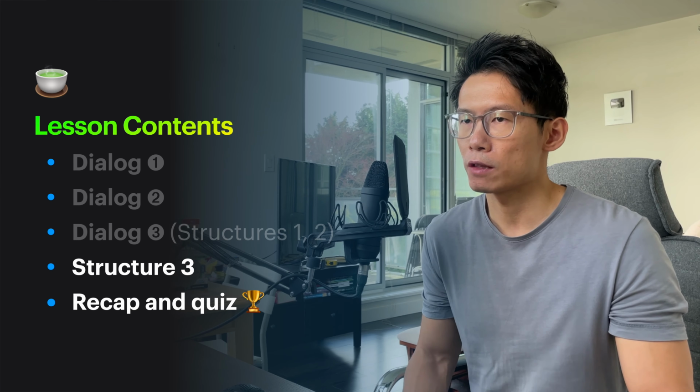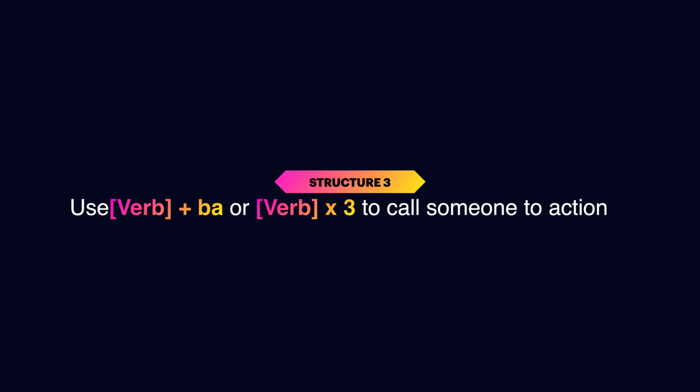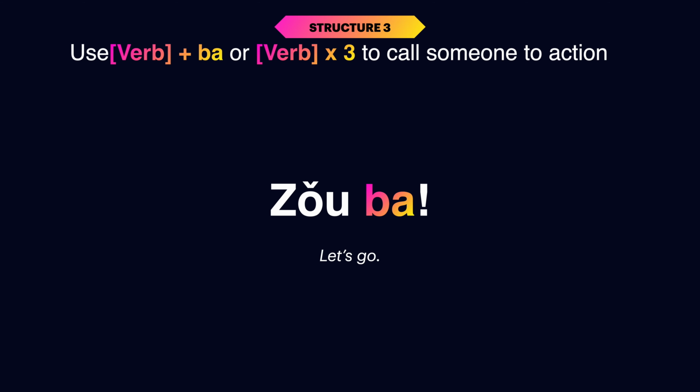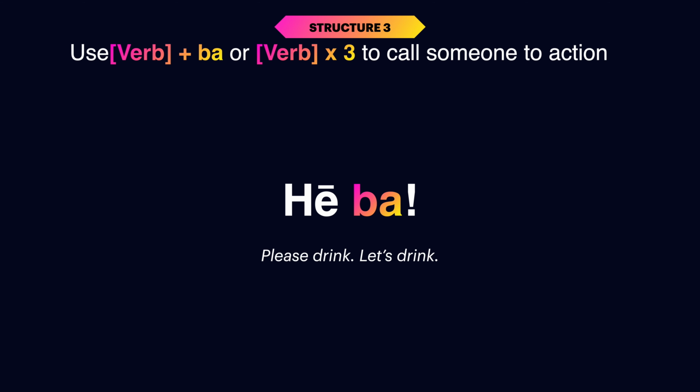Now let's take a look at the last grammar structure for this lesson. This one is about how we can call someone to action. We can either use 吧 or we can just repeat the verb 3 times. For example, 走吧 is let's go. 来吧 means please come. 吃吧 means please eat. 喝吧 means please drink or let's drink.